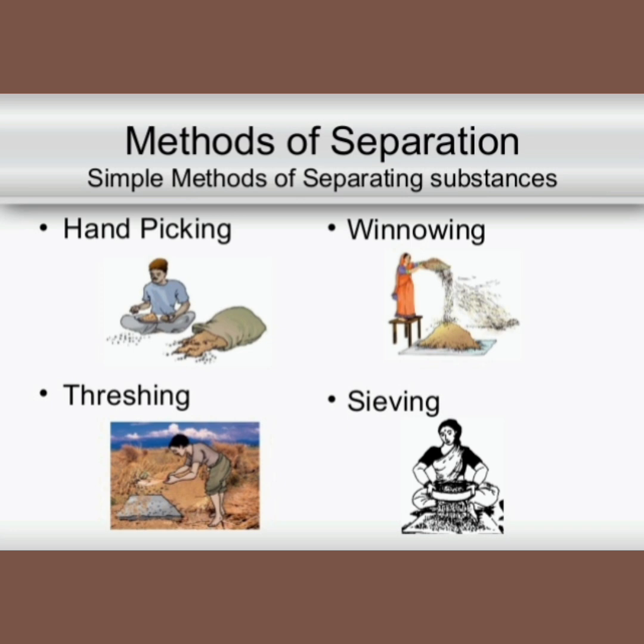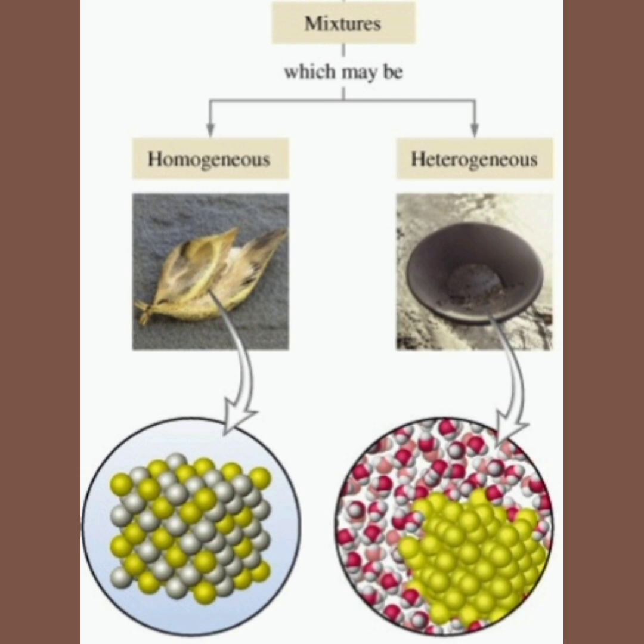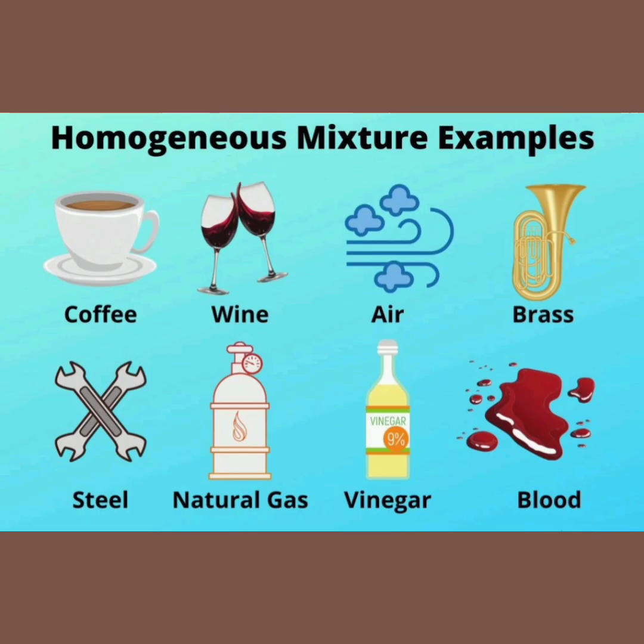When we talk about mixtures, we have 2 types: homogeneous mixture and heterogeneous mixture. A homogeneous mixture is a type of mixture which is uniform throughout. Components are not visible separately. For example, air is a homogeneous mixture. Salt dissolved in water: after stirring it, can you tell which one is salt and which one is water, the solvent?